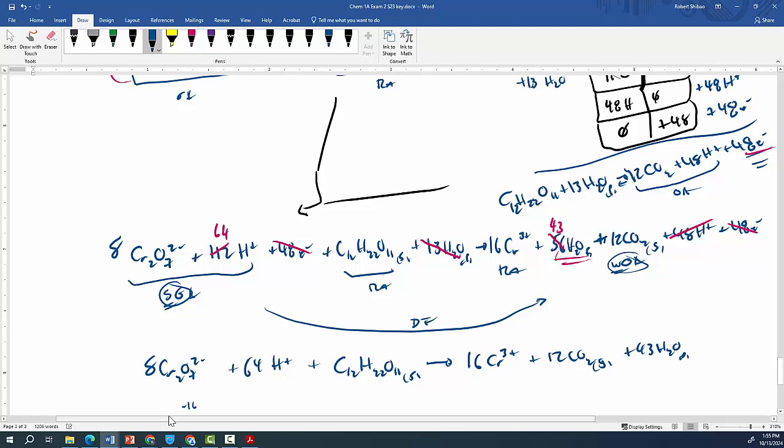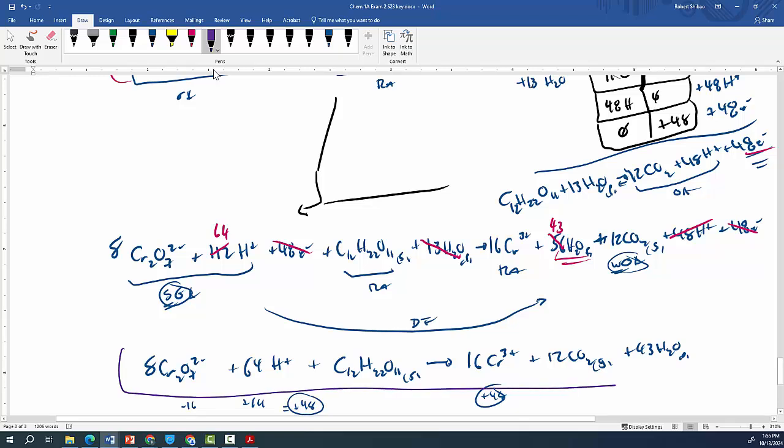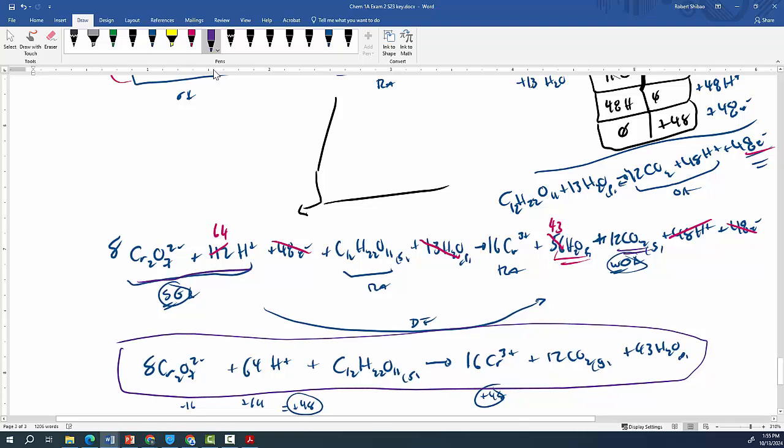So this is going to be minus 16 plus 64, which is plus 48 on this side, and then 16 times 3 is actually plus 48. So it checks out. And so we have a reaction here with the driving force going from stronger oxidizer, dichromate, to weaker oxidizer, CO2. So the driving force is present.